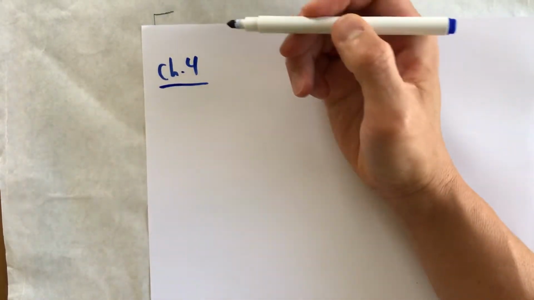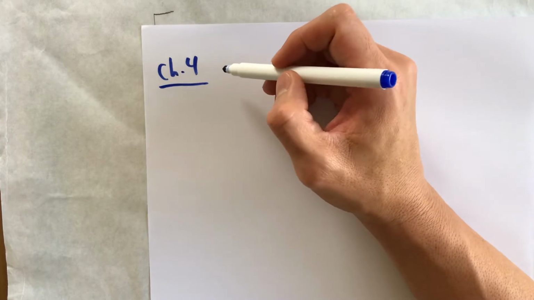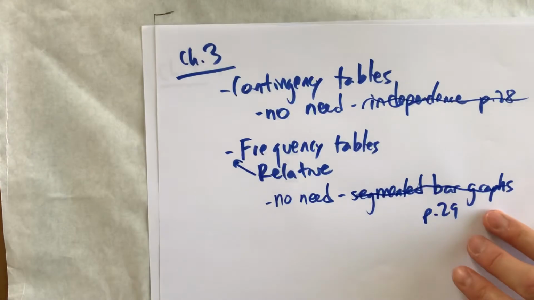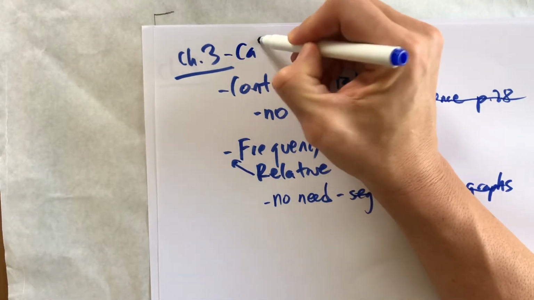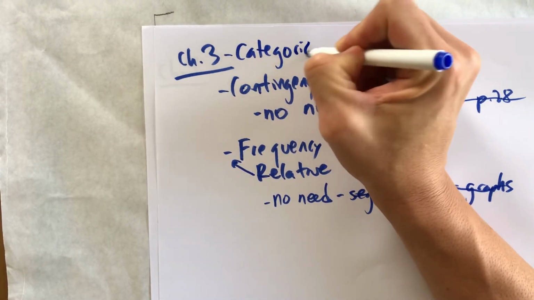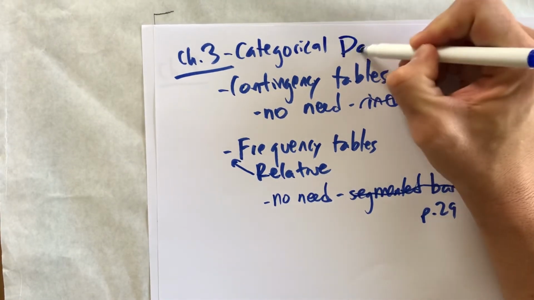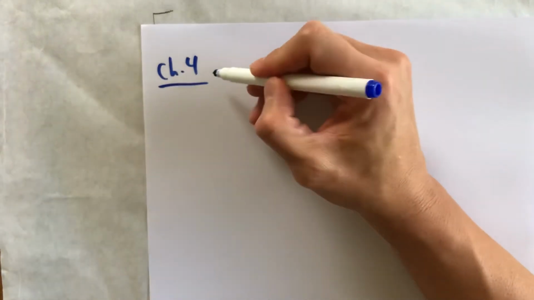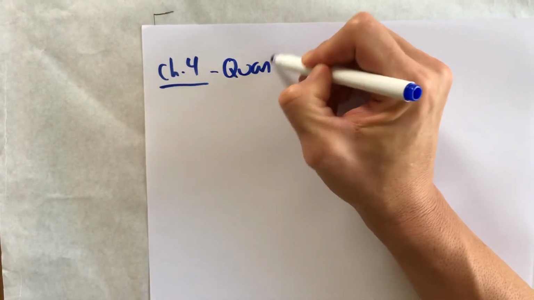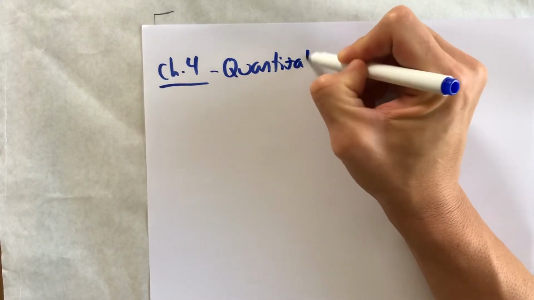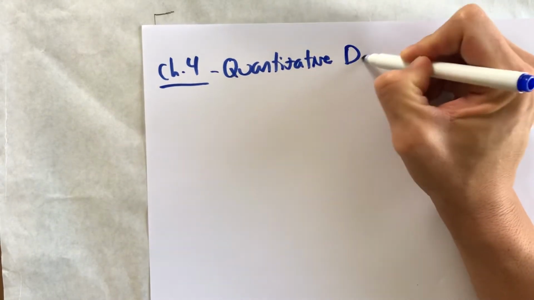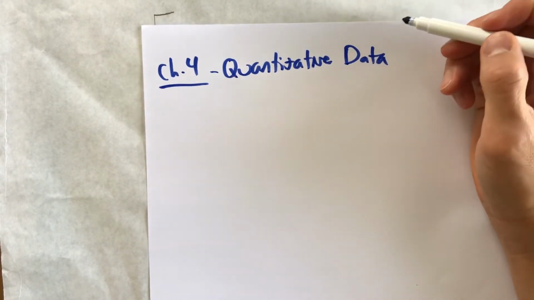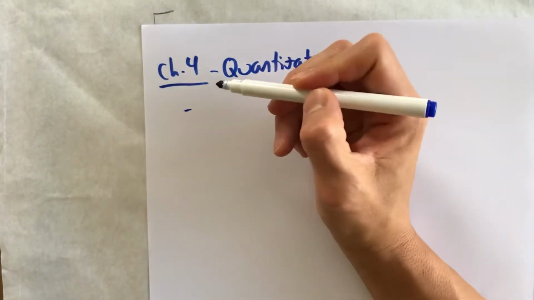Chapter 4, there's a lot actually in chapter 4. Now remember, chapter 3 dealt only with categorical data, okay? And then chapter 4 is all about quantitative data. Make sure you know the graph types.